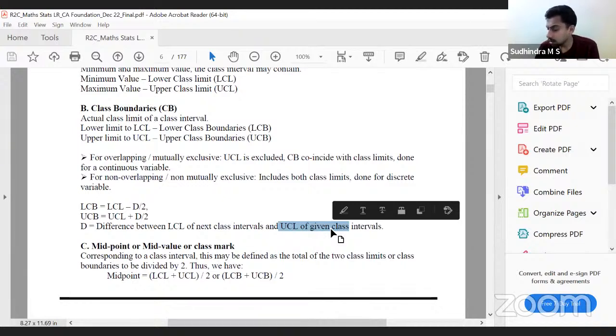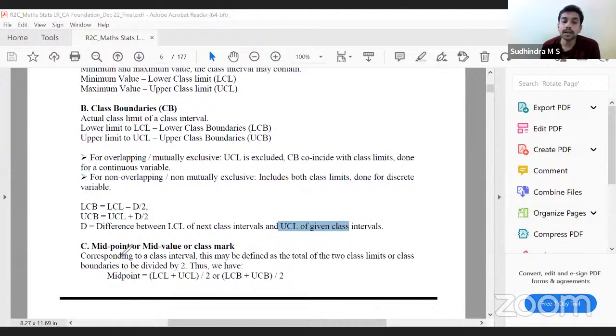Then we have midpoint. The next discussion is midpoint. For calculation of midpoint, we can take either class limits or class boundaries. It doesn't make any difference. So if we are taking class limits, upper class limit plus lower class limit divided by 2. If you are taking class boundaries, upper class boundary plus lower class boundary divided by 2.